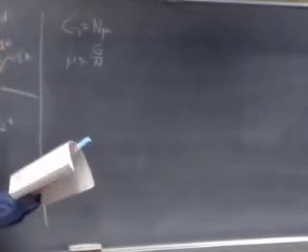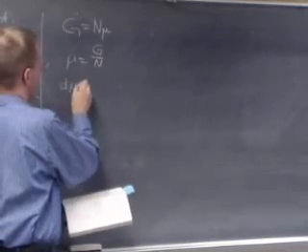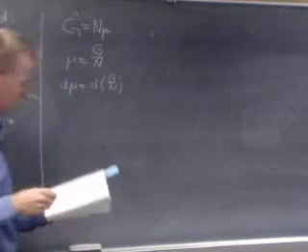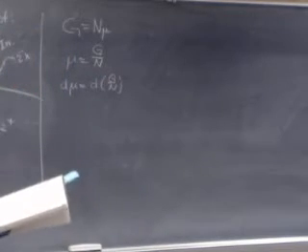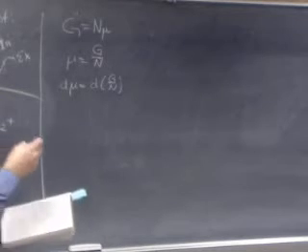I'm going to take the differential of both sides. I'm going to divide both of these by the differential of the pressure. And I'll make that a partial derivative.